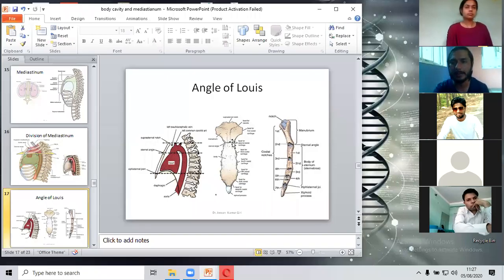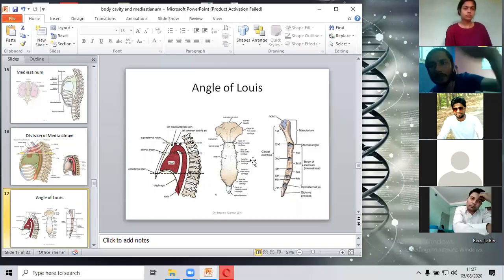Now I will deal with it here. What may be the first importance? While dividing the mediastinum, we take this region, isn't it? Superior and inferior are divided with respect to this. Above the level of the angle of Lewis is the superior mediastinum; just below that level is the inferior mediastinum.